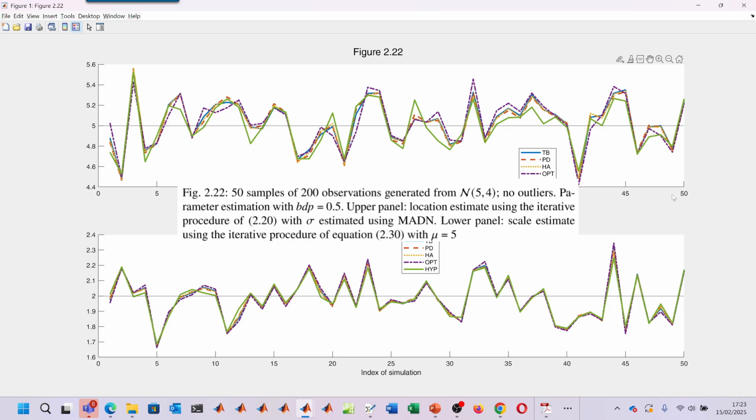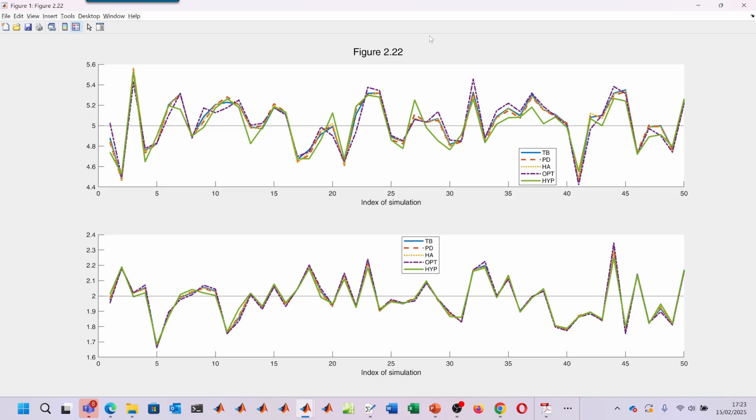We show for the 50 simulations the values of the estimate of mu in the upper panel, and the estimate of sigma in the lower panel. The black horizontal line refers to the true value of the parameters. In the upper panel, the estimate of sigma is found using the normalized MAD.